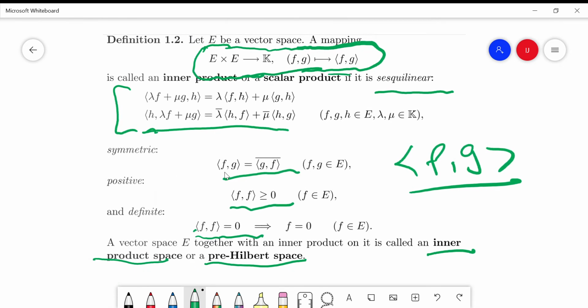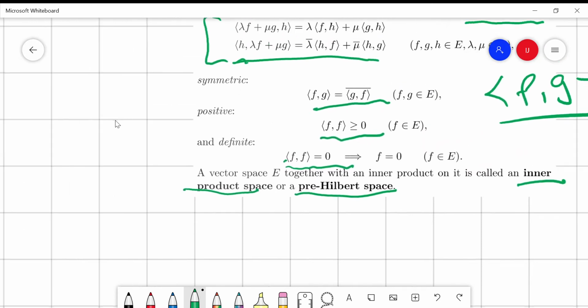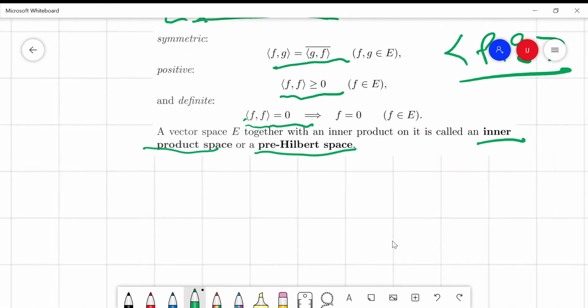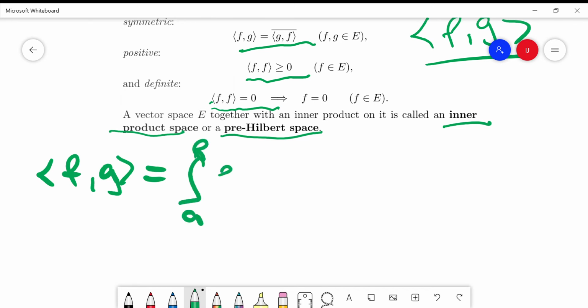So next one is symmetry. Let's continue here. Now we know the definition of the inner product. We have this, multiplied by g conjugate.